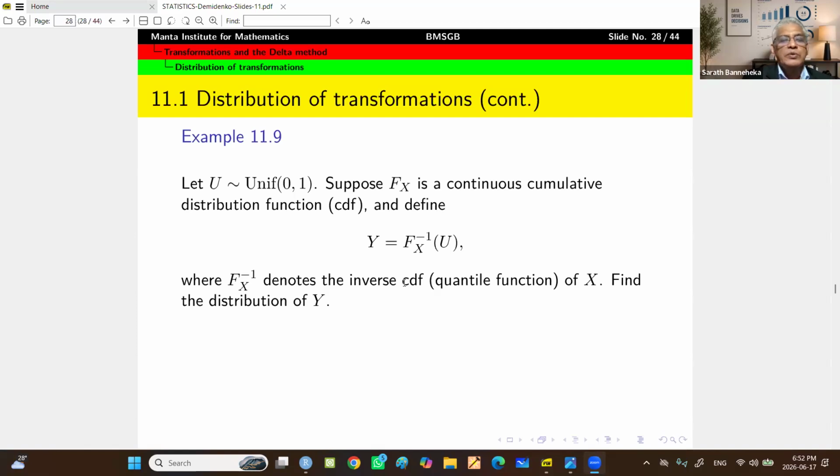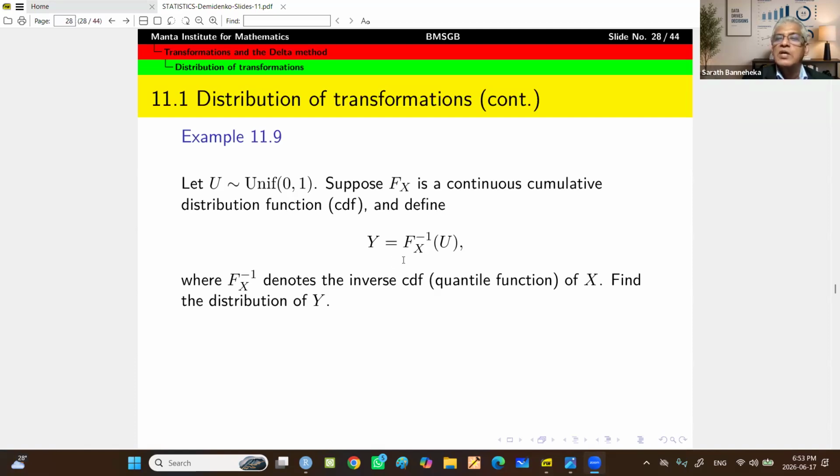Then we are going to find out the distribution of Y, and the result will be very interesting and useful. Notice here again, I'm defining Y to be F_X inverse evaluated at capital U, where U is a uniform random variable.